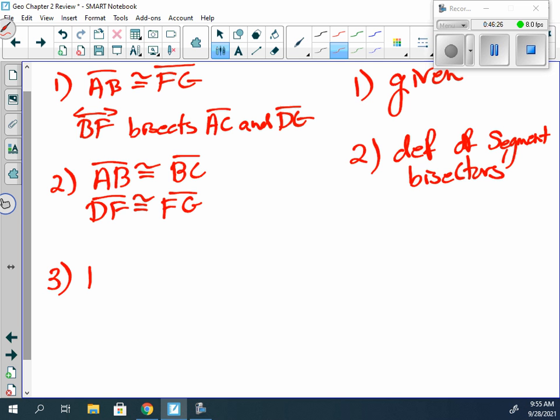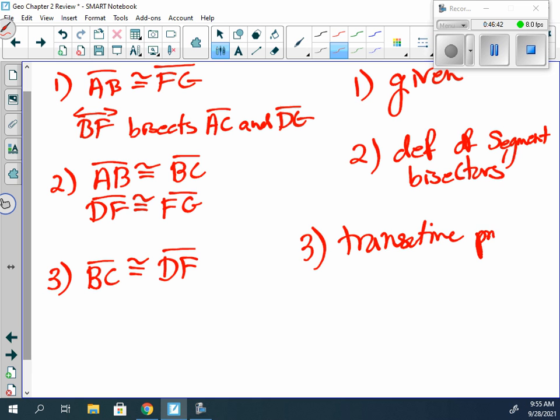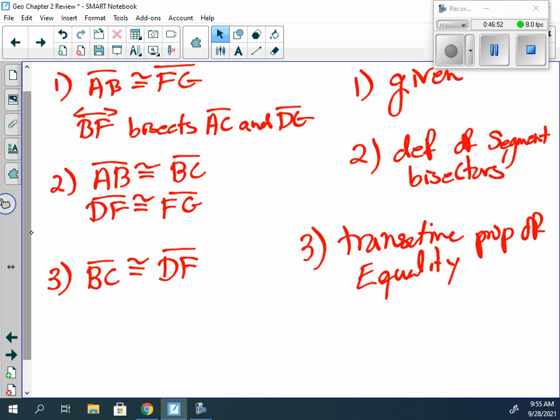So we could say that BC is congruent to... transitive. This is kind of a stretch. Transitive property of equality. They're probably going to want a step in the middle.